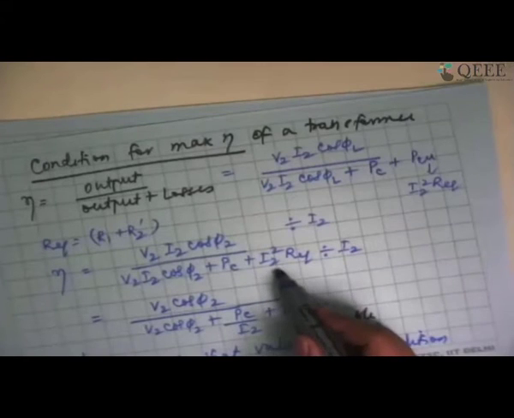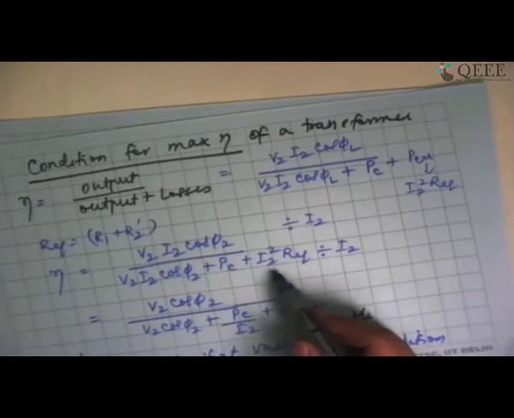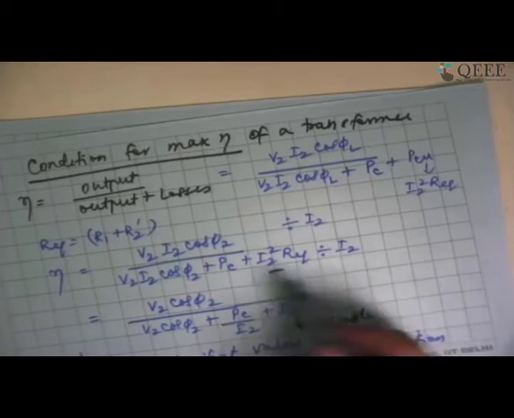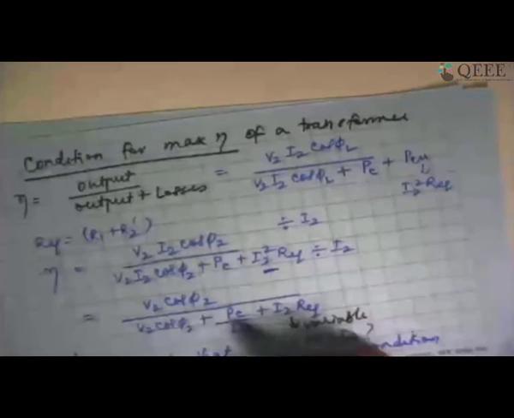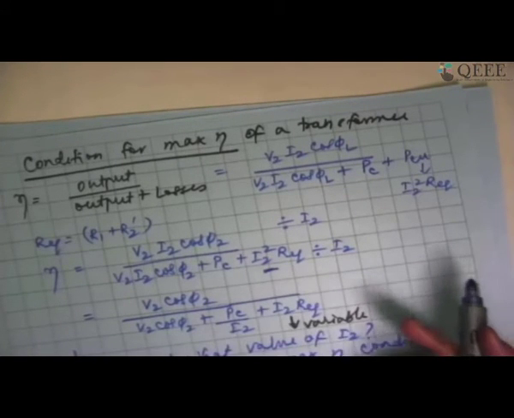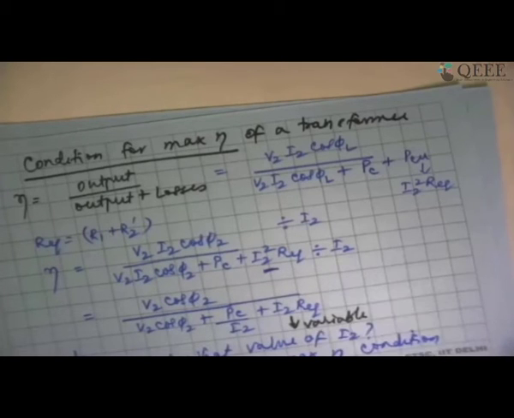When you differentiate a second order term, things can be a little more difficult. Just to make it a first order term, we divide by I2 so that we get I2 R equivalent, PC by I2. All of them are first order terms, nothing more than that. That is the reason why we are doing this. You don't have to divide by I2, it's not a must.